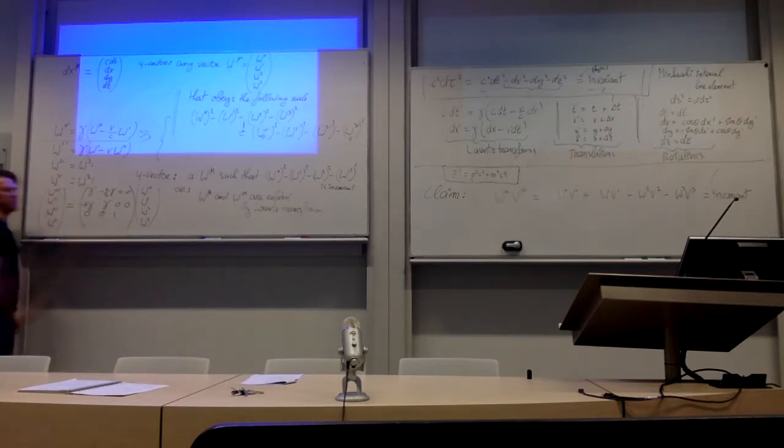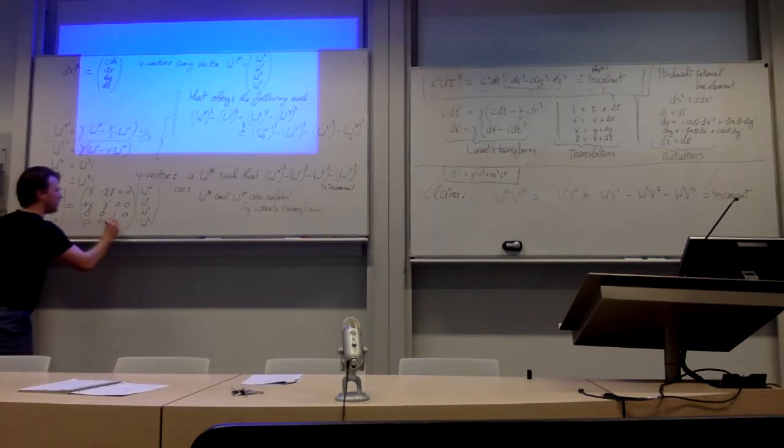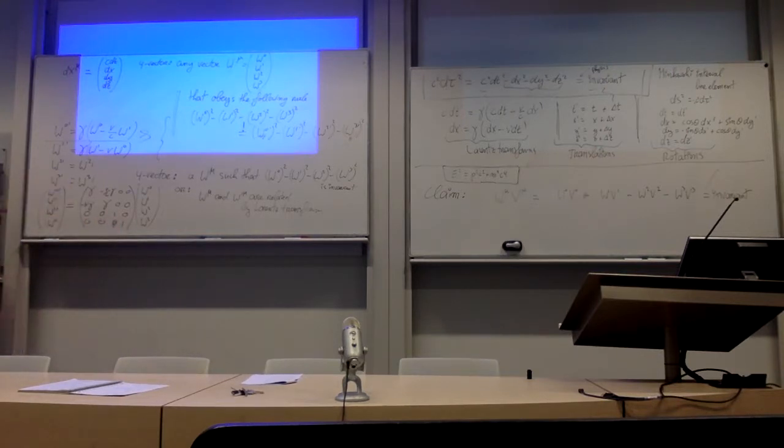So what's the last one? 0. And the final row? 0, 0, 0, 1. There you go. So apparently we can recast our Lorentz transforms in a matrix. This thing is called the Lorentz matrix. It's exactly the same information, it's just written in a different way.